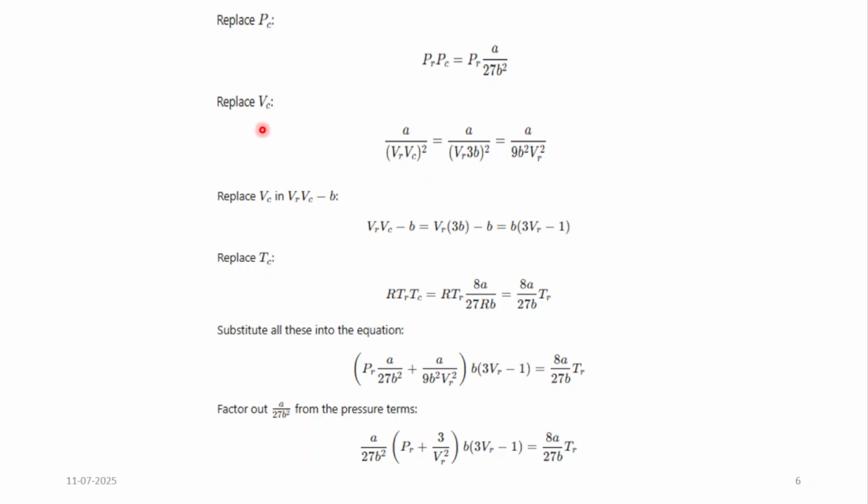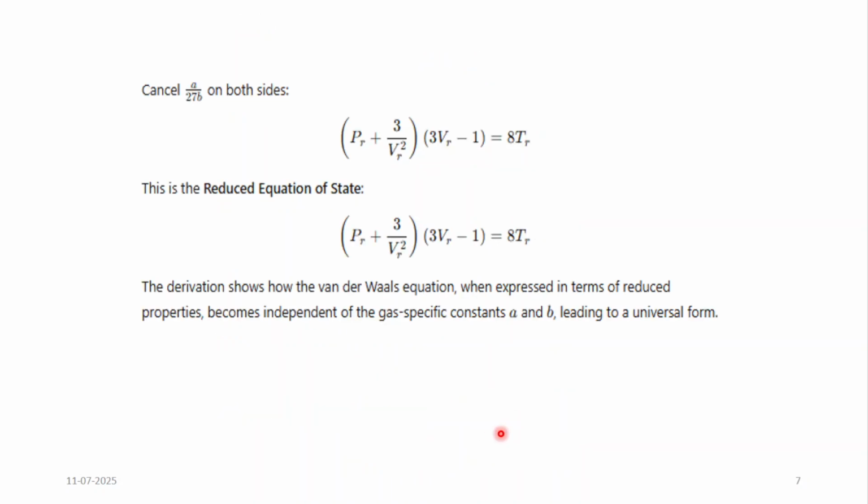Replace PC, replace VC, then replace TC. The equation will take this form. You can take out the common factor, and that will get cancelled, so that finally the equation will take this form. So this is called the reduced equation of state.